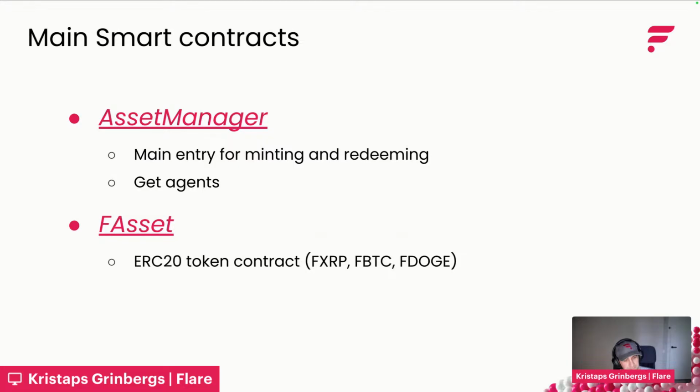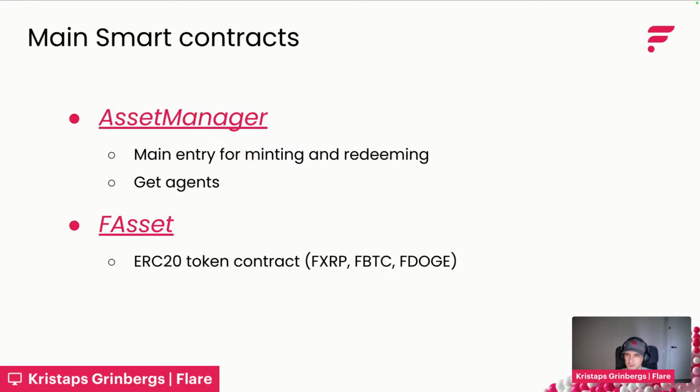There are many smart contracts in the FAsset system, but we will talk about two main ones. The first one is the asset manager. The asset manager is actually a proxy contract in the diamond pattern, which takes care of minting, redeeming, and all other things like getting settings and so forth. For this session, we will focus only on these main things from the user perspective.